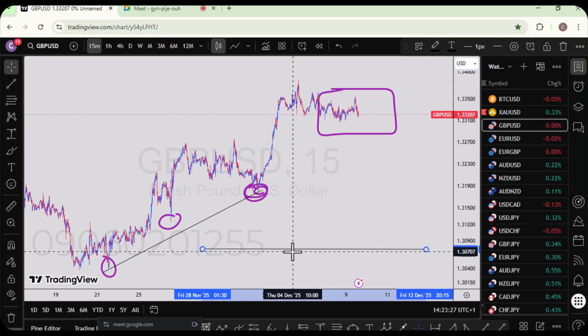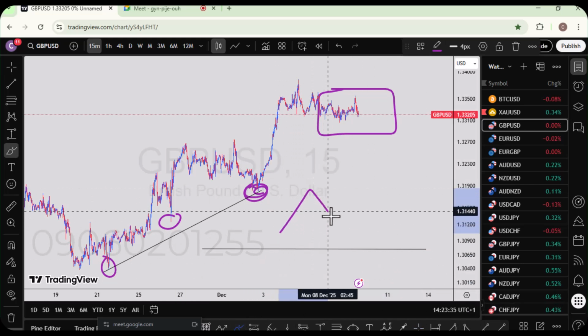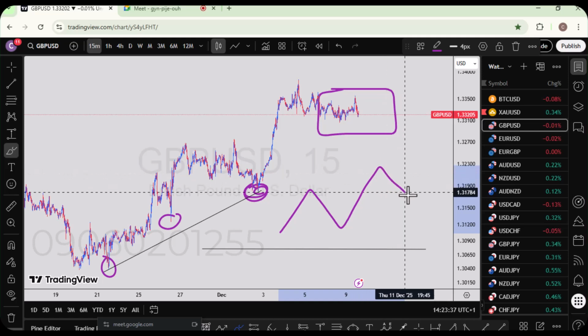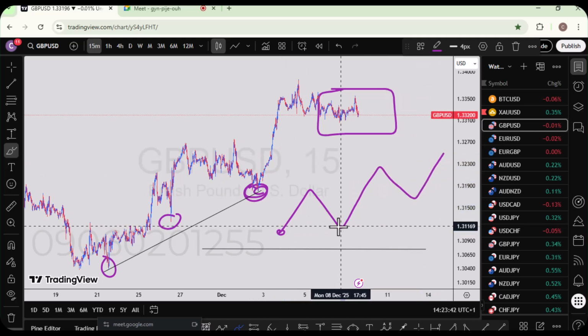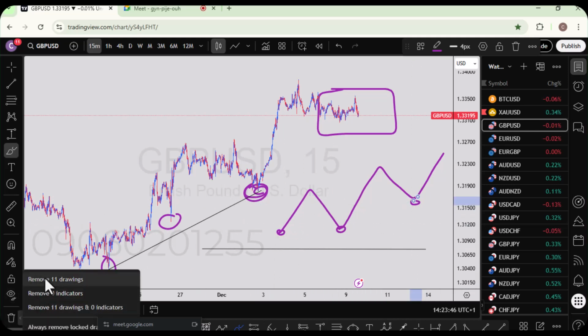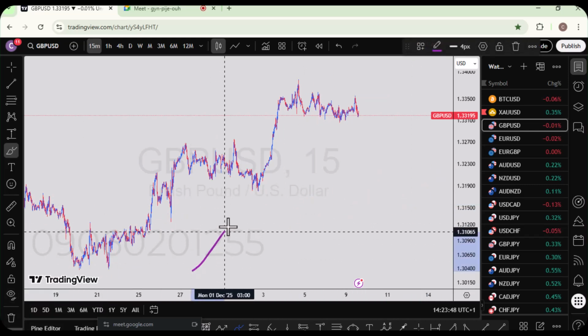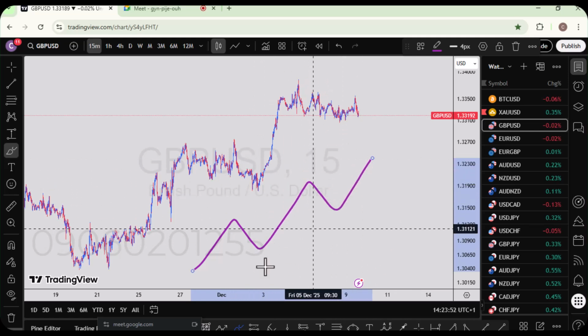Now, what is a trend? For a trend to be defined, we need to have what? Let's check it out. We need to have 1, 2, 3. Let's repeat that again. 1, 2, 3.